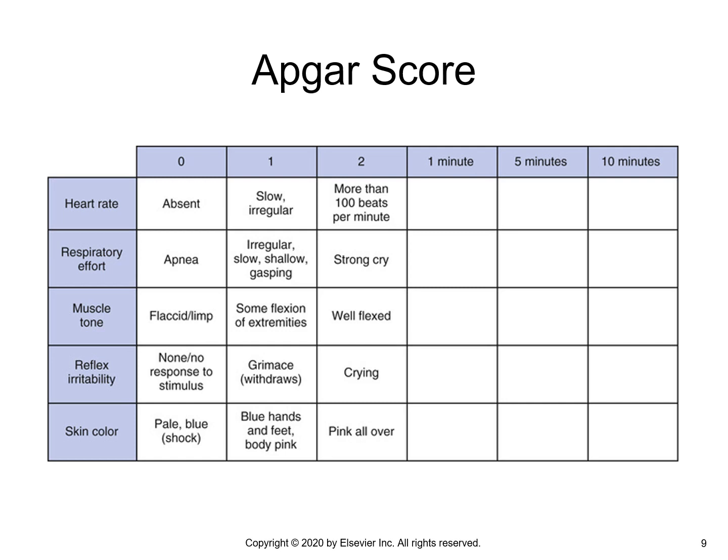It's based on 5 different categories, the first one being heart rate. We want the heart rate to either be above 100, below 100, or absent. So you can see here on the slide, to get a score of 2, the baby's heartbeat has to be over 100.